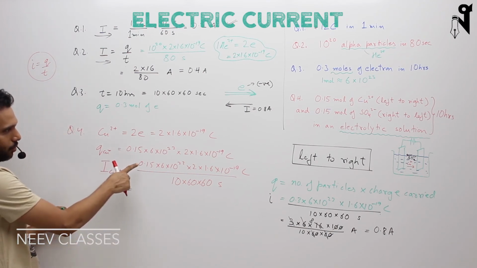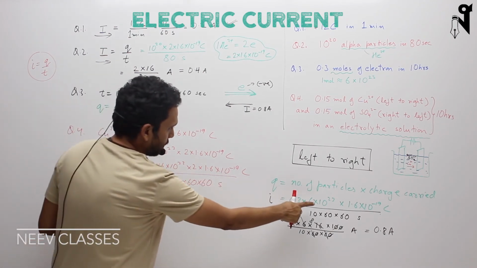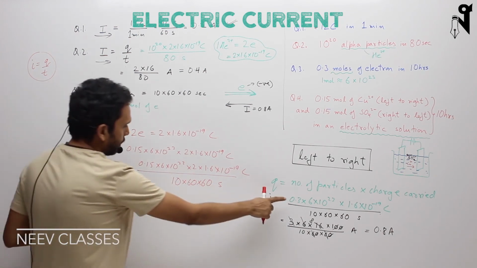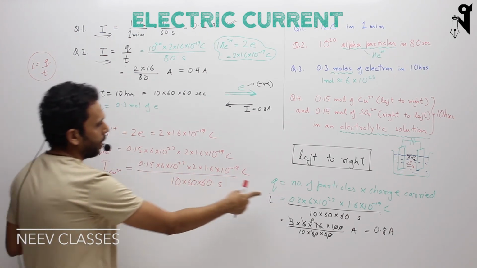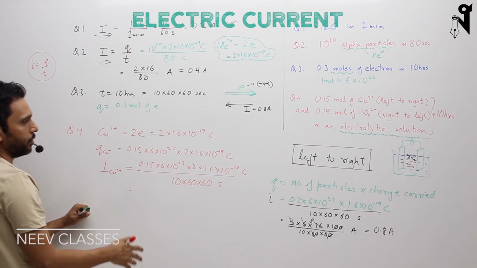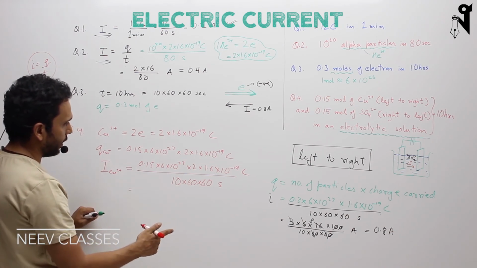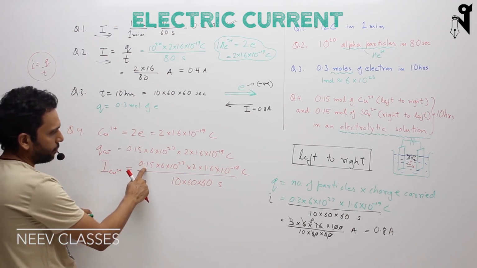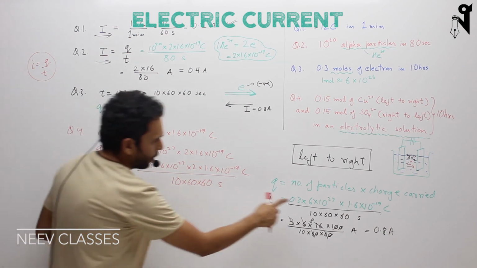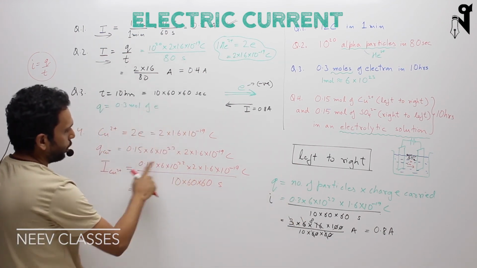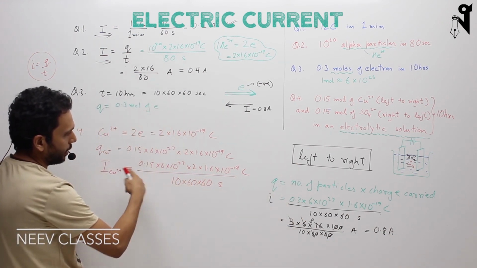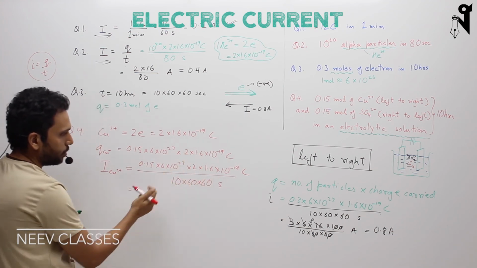You can see that this calculation is almost the same as that. Instead of 0.3, I have 0.15. 0.15 is half of 0.3. I gave you similar numbers so you don't have to calculate again and again. 0.15 is half of it, but I've got a 2 over here. So 2 into 0.15 makes 0.3, and the rest is all the same.